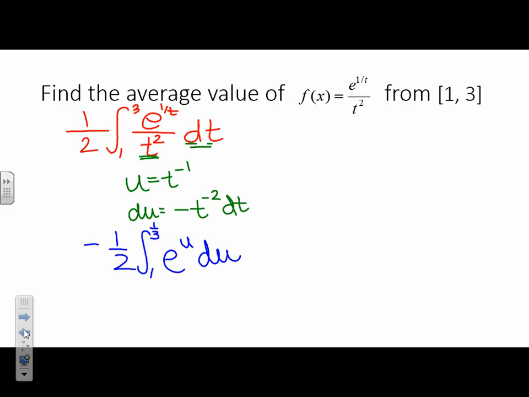How did I get those? We plugged our t's into here to get our u's. So we have negative 1/2 e to the u evaluated from 1 to 1/3.